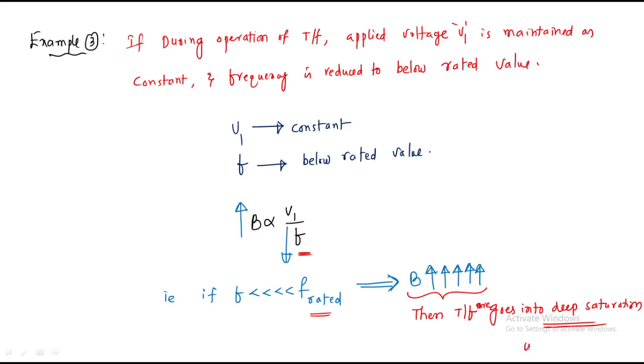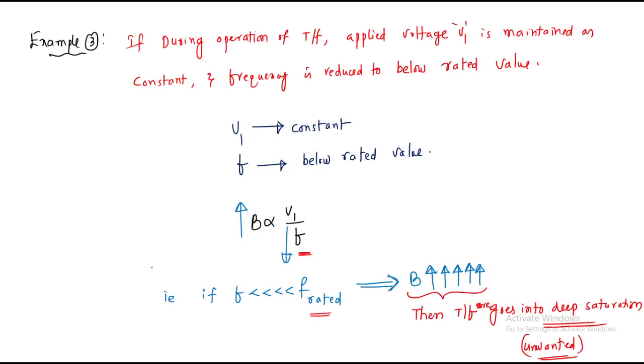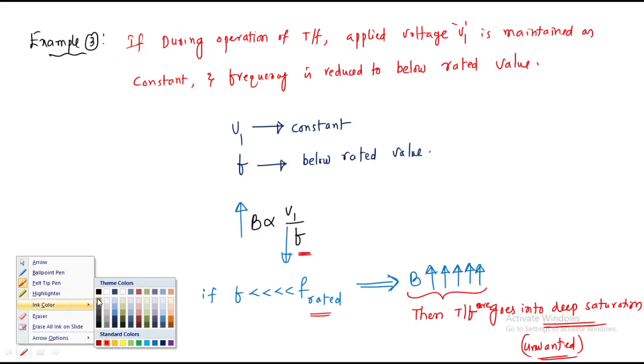This is unwanted for the operation. So never reduce only the frequency while keeping the supply voltage constant. For satisfactory operation, V1 and frequency should be varied proportionally.